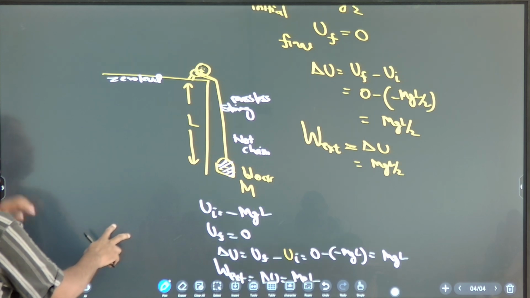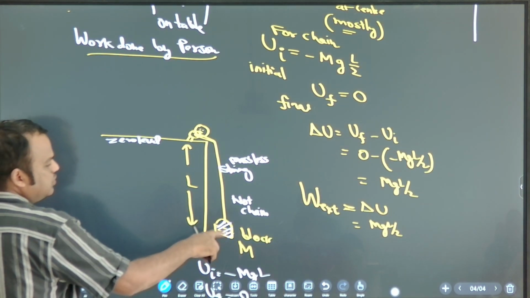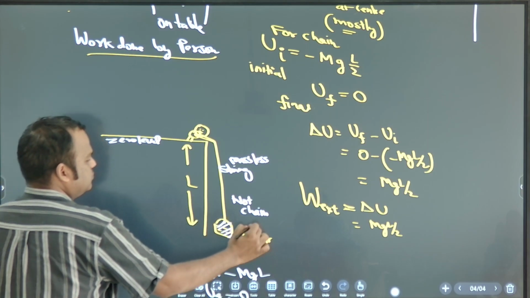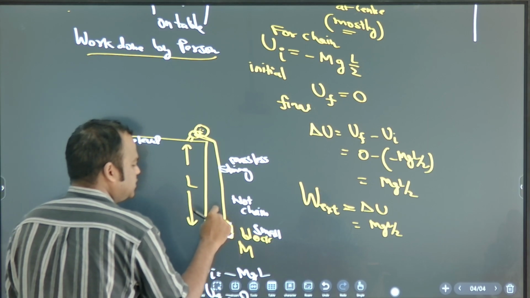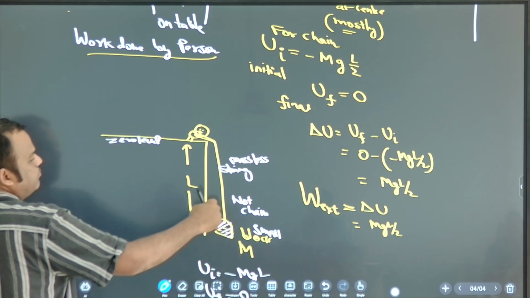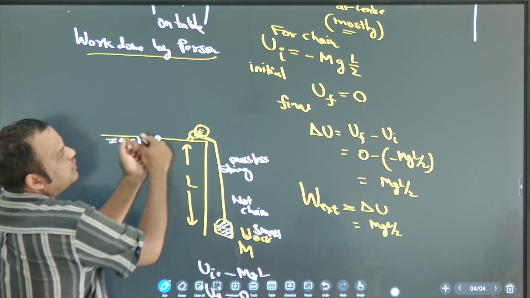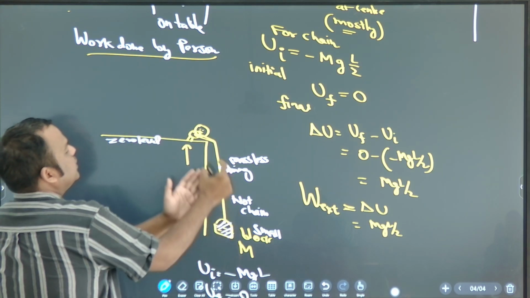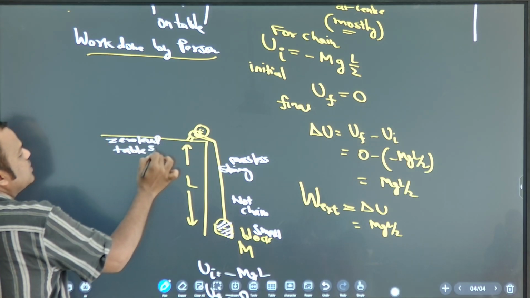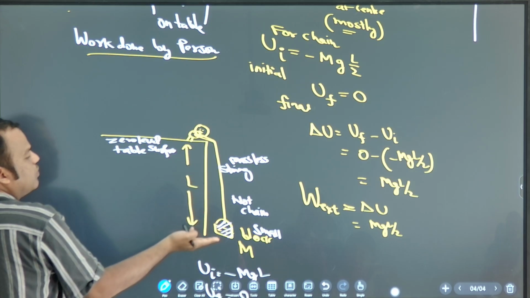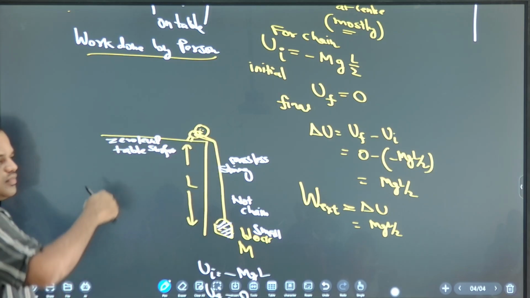So you observe the difference. Here we have a small block of mass M, and a string. You are pulling the string and keeping the block on the table surface. Through what height are you raising it? L, correct?